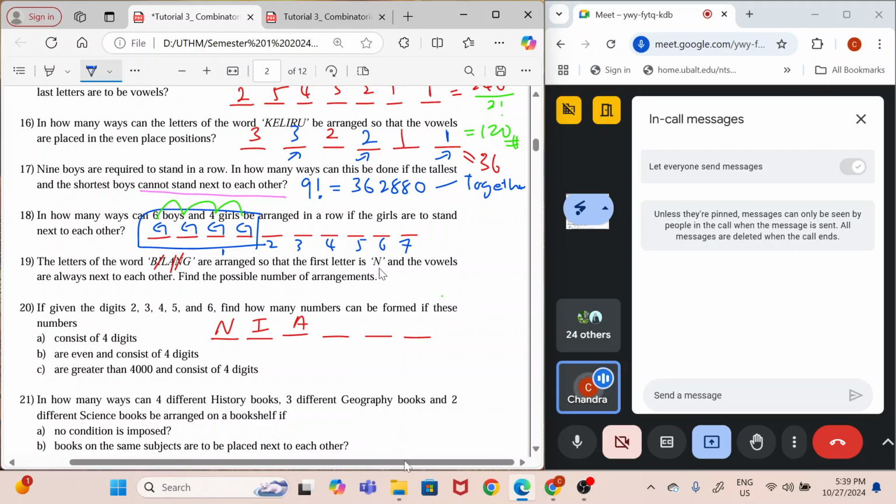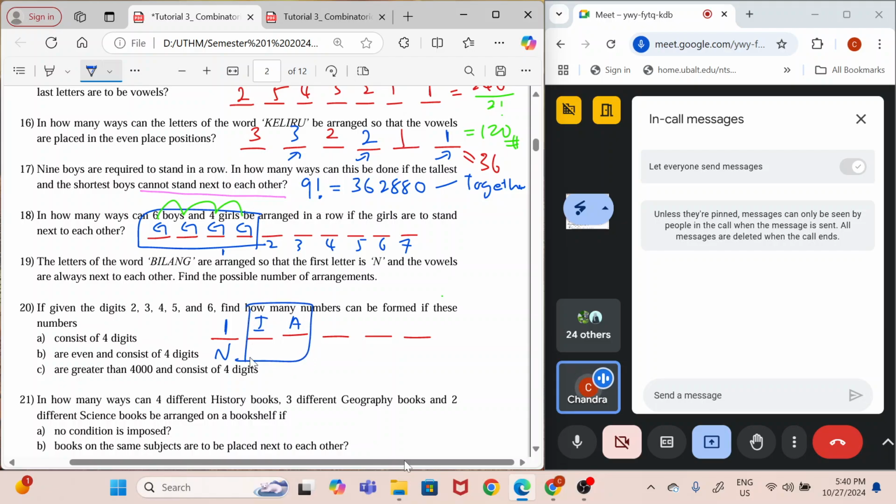So the first letter is N, and the vowels are next to each other. The first letter is fixed. First letter is N. So N is here. Only one option. N is the only thing that can be the first letter, and I and A must be together.